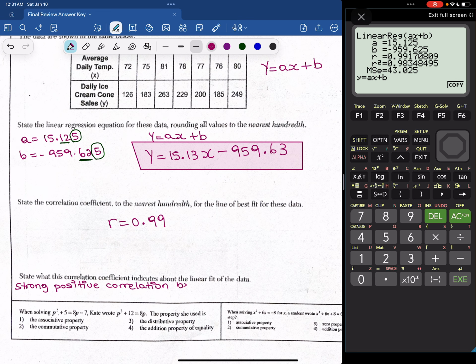between the average daily temperature and the daily ice cream cone sales.